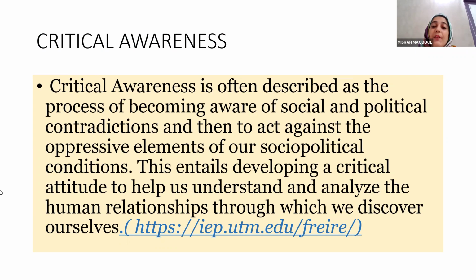This entails developing a critical attitude to help us understand and analyze the human relationships through which we discover ourselves.